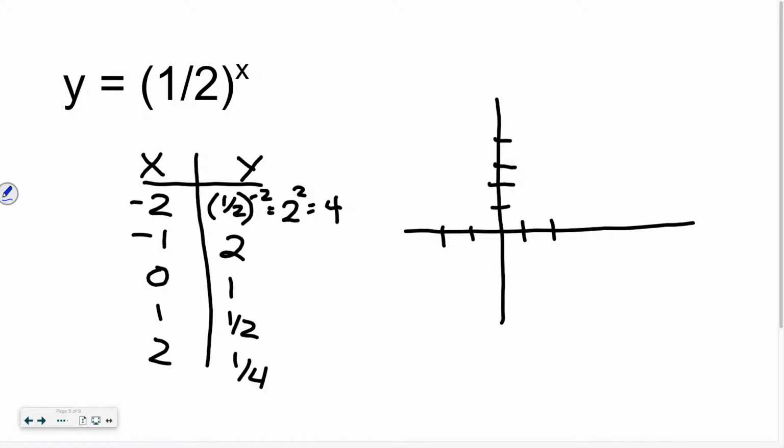So I can plot those points: -2, 4, -1, 2, 0, 1, 1, 1/2, 2, 1/4.